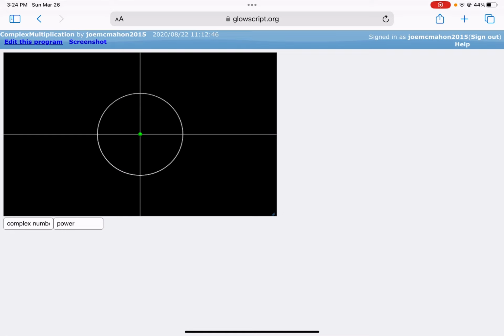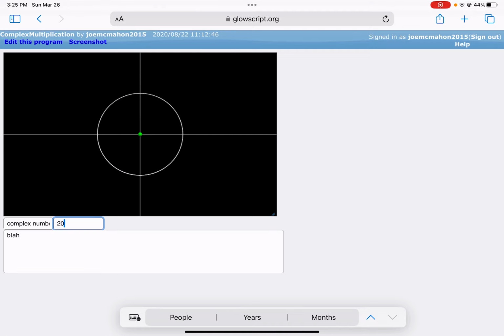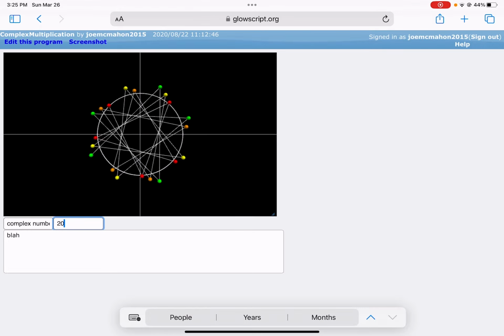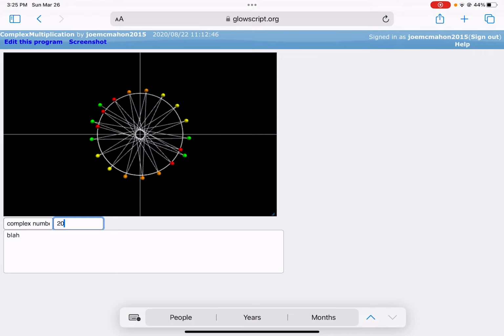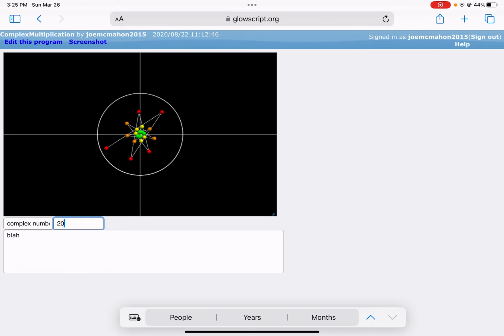I want y'all to take a screenshot of the craziest pattern you can come up with. So for the power, let's raise it to the power 20. All right, let's get a lot of little complex numbers here. And just move that ball around and see what kind of crazy patterns you can come up with, and submit a screenshot of your favorite one.